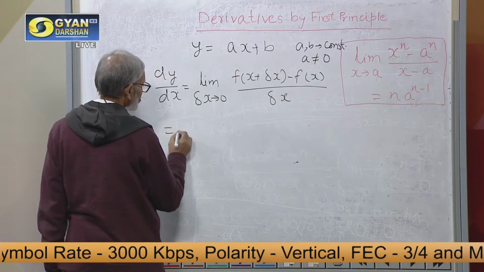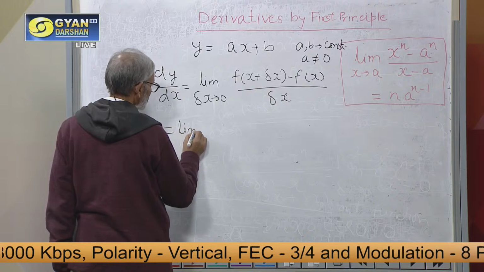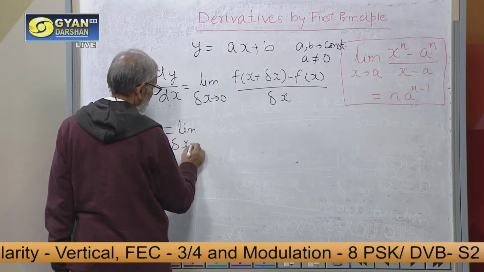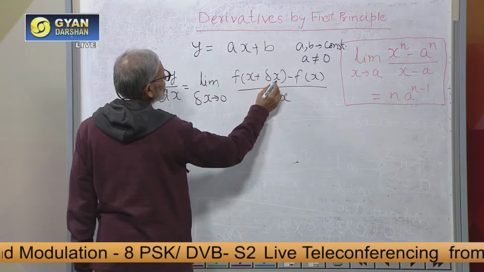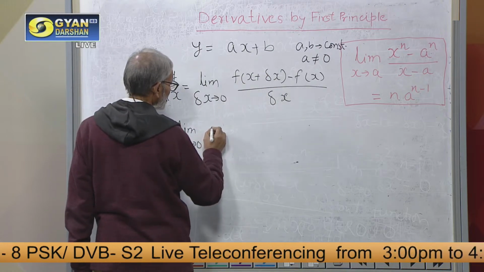So it will be equal to limit delta x tends to 0, f of x plus delta x will be ax plus b.